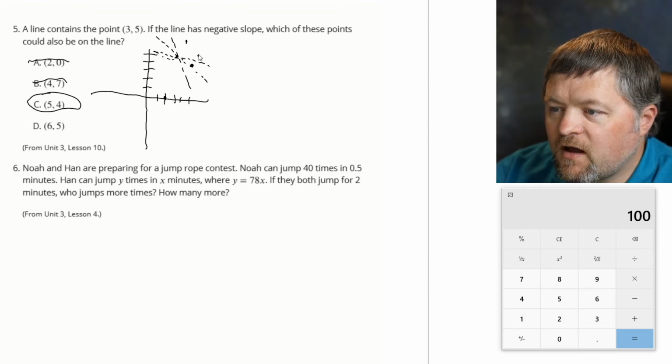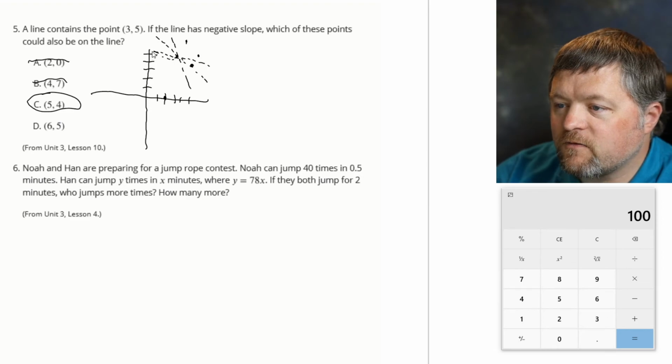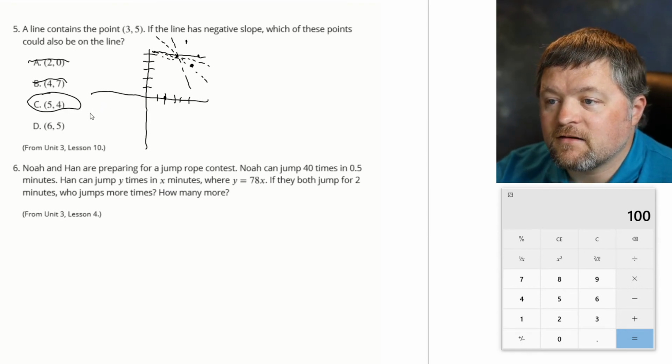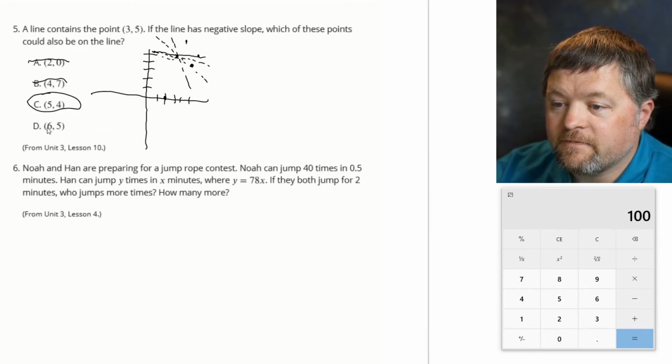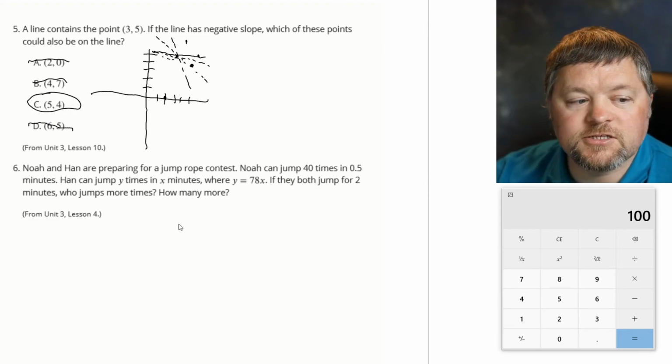Well, (6, 5) has a y value of 5, and (3, 5) has a y value of 5. So those 2 points would create a horizontal line. A horizontal line has a slope of 0, which is not negative. So our answer is C.